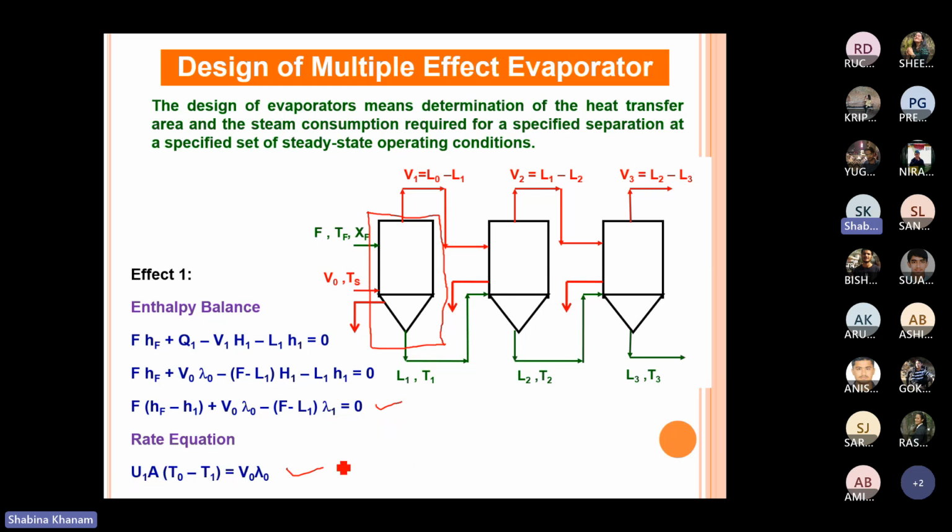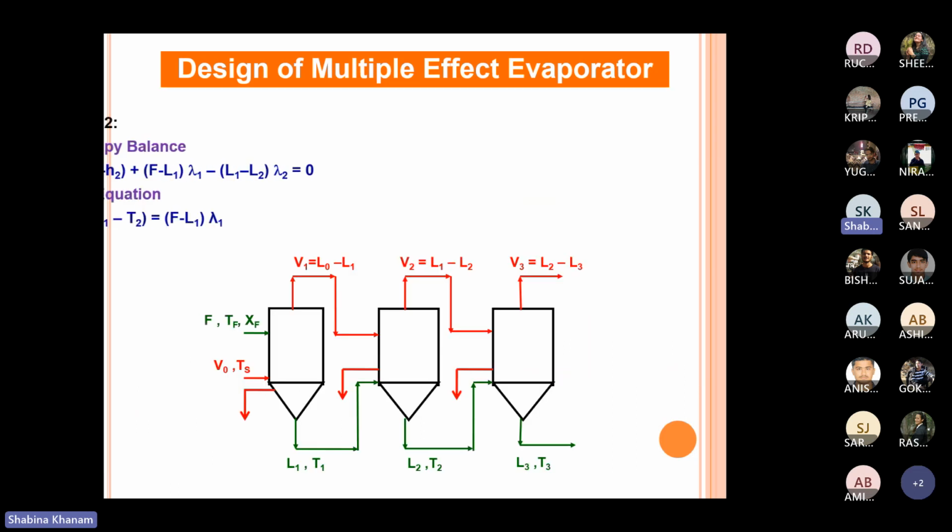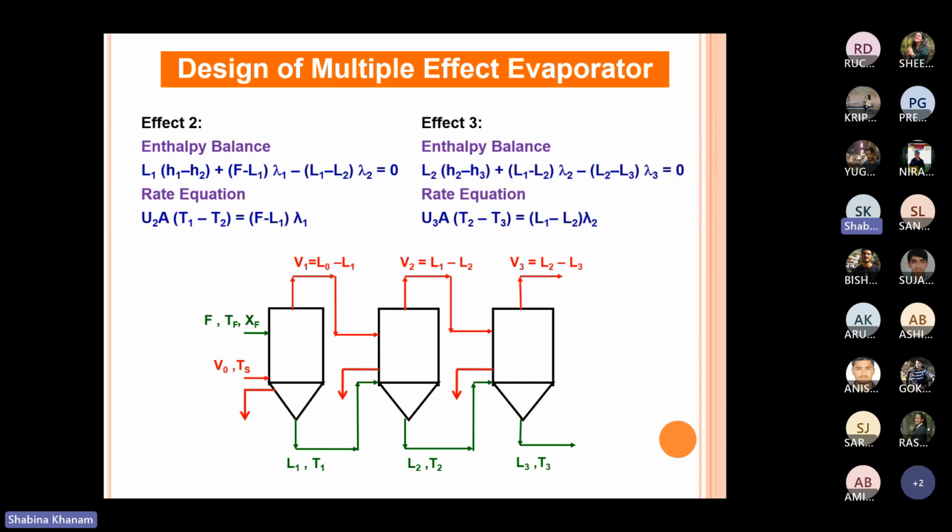Similarly, here I am having U2 A (T1 minus T2), and that should be equal to V1 lambda 1, and V1 you can open up as F minus L1. In that way you can have the equations for subsequent effects. This is for the second effect; you can tally that what we have discussed has come over here. In this way we can have equations for the second effect and third effect.